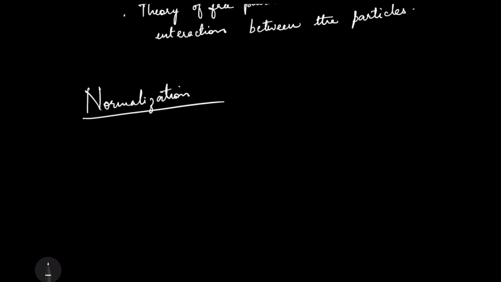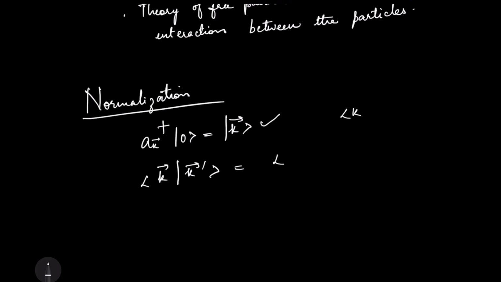So we have a state, and if a_k dagger acts on the vacuum, then you will get the state k, right? So if I do the overlap of k with k prime, then if this is k, what will this k be? This will be a_k acting on the vacuum state.